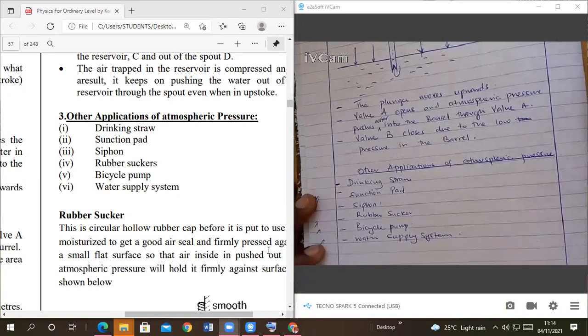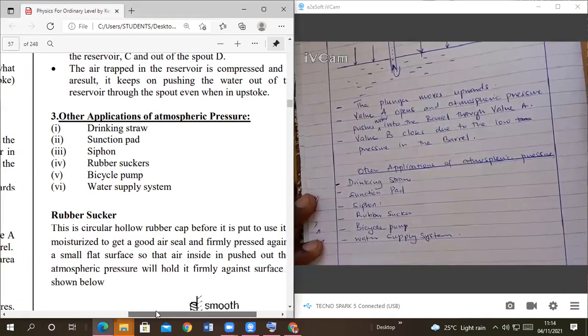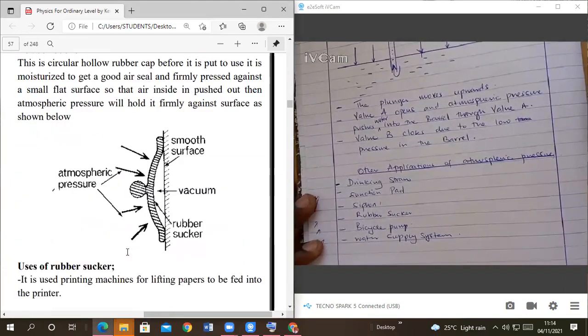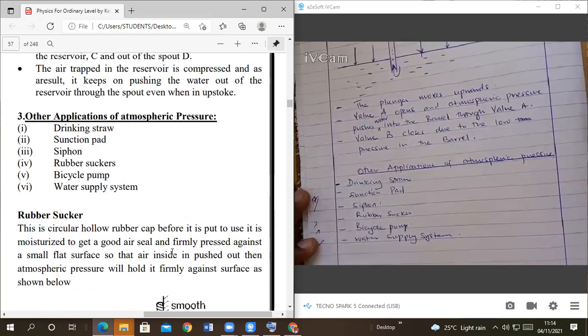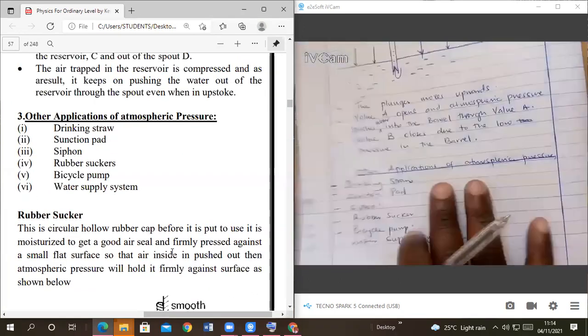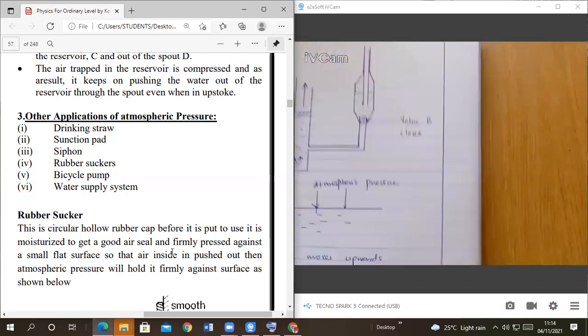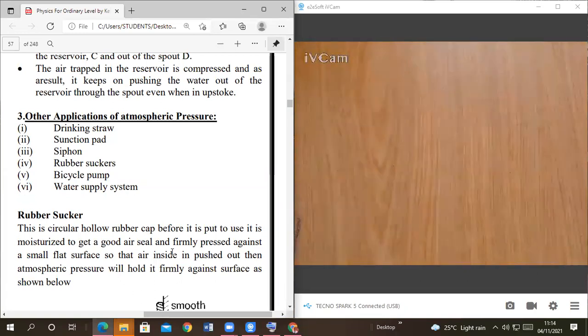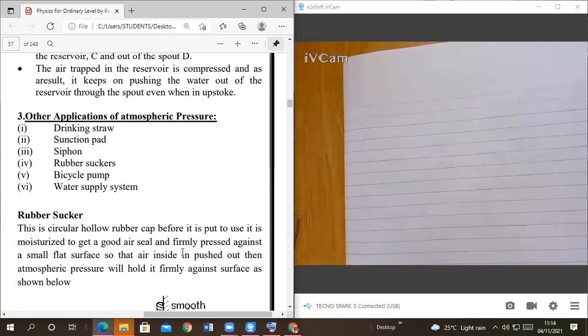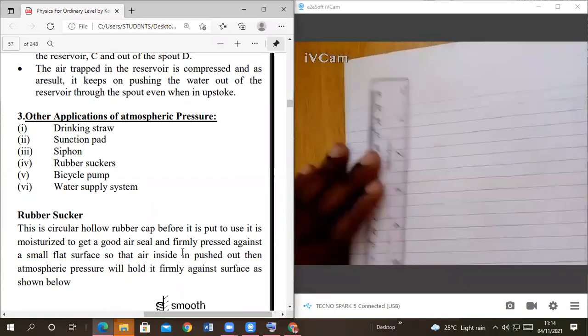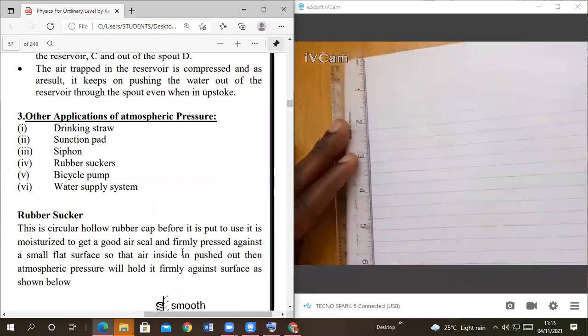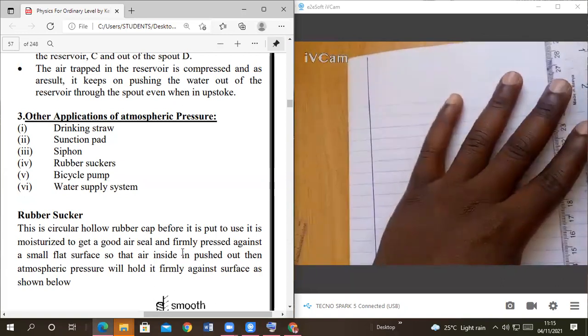So let us look at them one by one. Let us start, according to the notes, they are starting with the rubber sucker here. So what's a rubber sucker? Have you ever used the rubber sucker, or have you ever seen it?